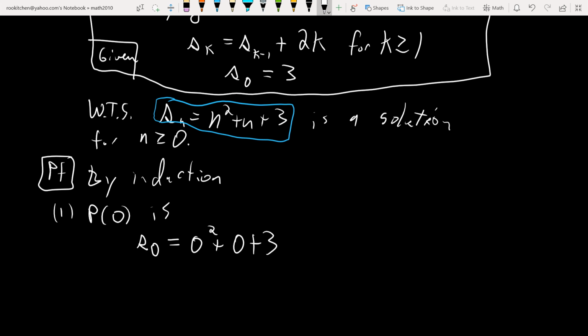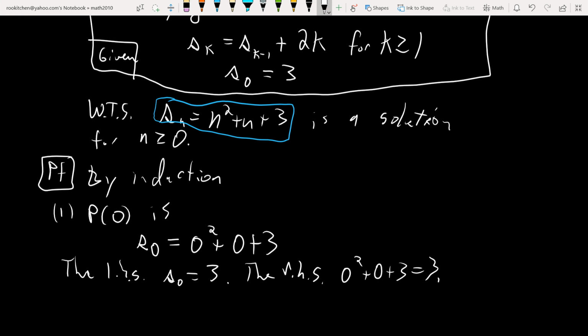The left-hand side, S sub 0, from the given information is 3. The right-hand side, from arithmetic, 0 squared plus 0 plus 3 is 3. So the two sides are the same, and P of 0 holds. The basis step is fulfilled.